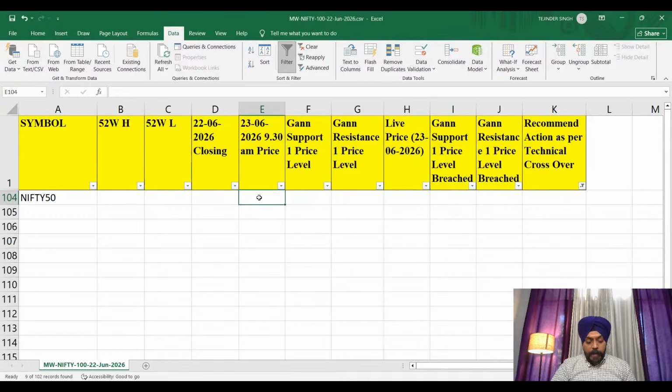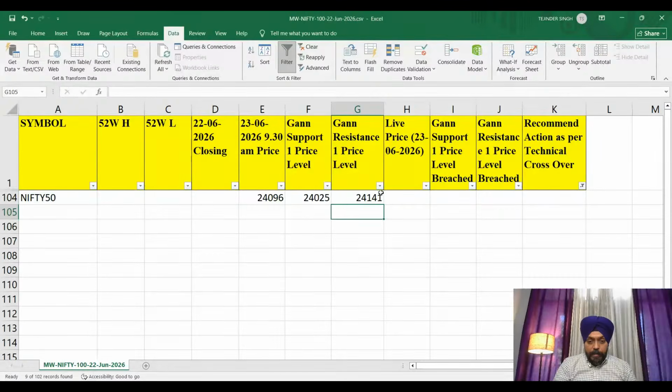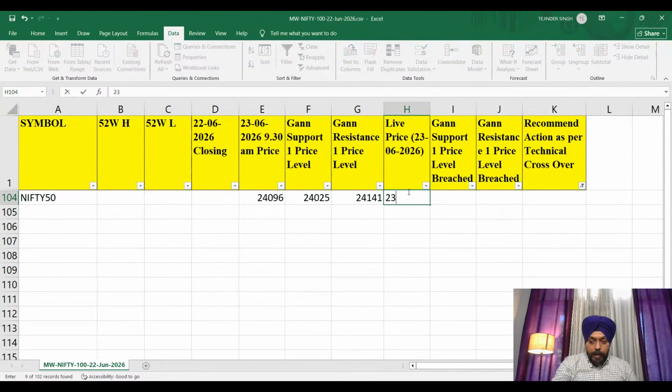So 9:30 a.m. का प्राइस मैं यहाँ पे एंटर कर रहा हूँ निफ्टी 50 का, it is 24096. गैन सपोर्ट लेवल 1 आपका जो है इसमें वो आ रहा है 24025. रेसिस्टेंस जो लेवल आ रहा है वो आ रहा है 24141. लाइव प्राइस जो भी लेटेस्ट आ रहा था that was 23980 if I am not wrong. It has gone further, 23969. अपडेट कर देते हैं इसको 23969.